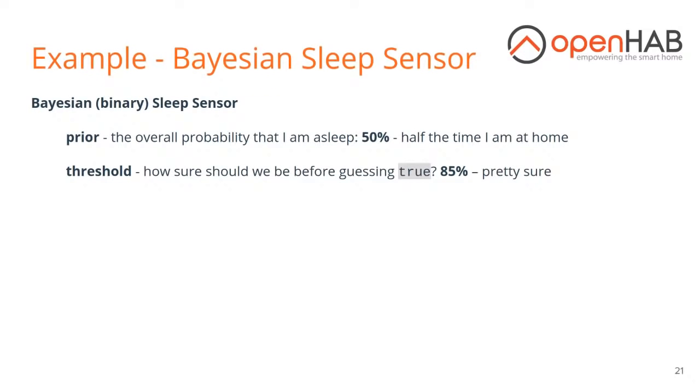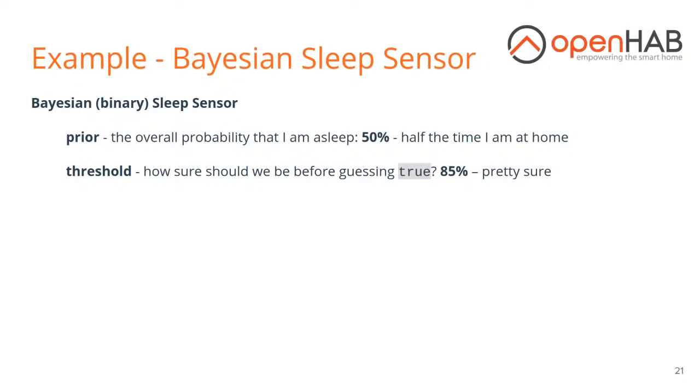I called it binary because I only considered switches in my example. The prior of the sleep sensor is, let's say, 50%. So half the time I'm at home, I'm sleeping. I guess it was before Corona.